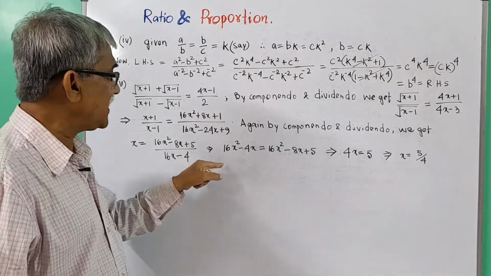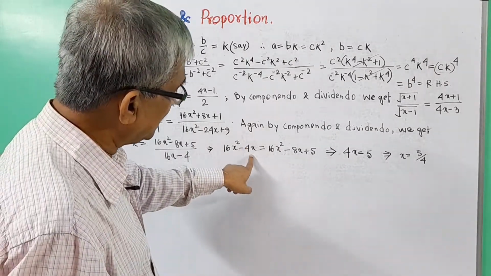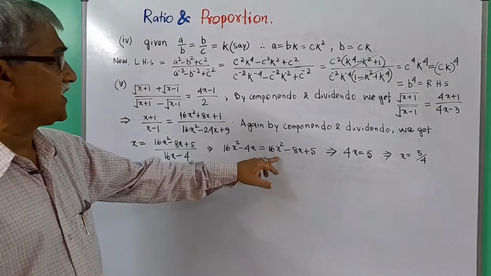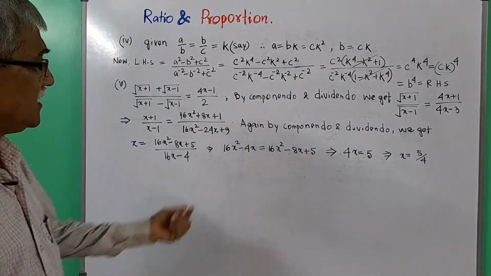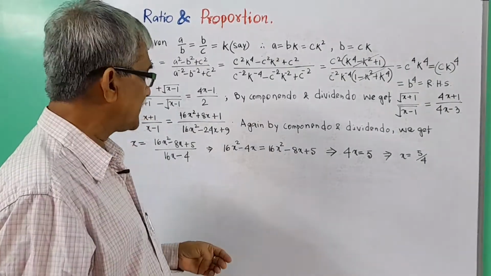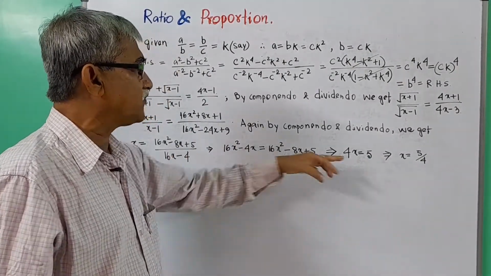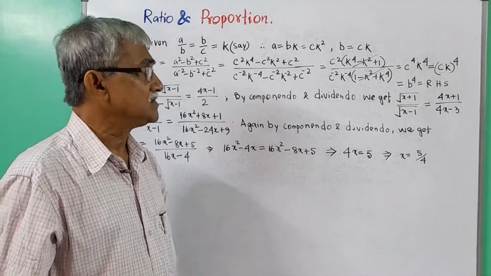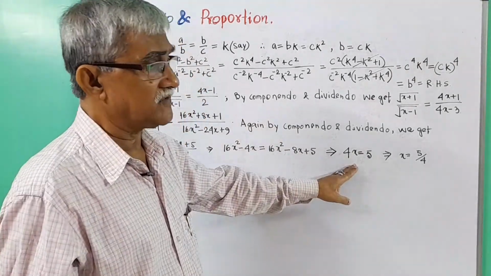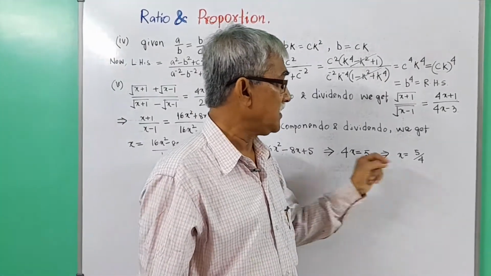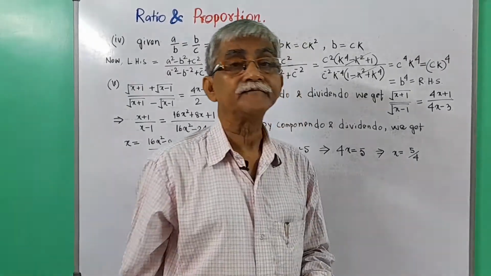Next you cross multiply it. 16x square minus 4x equals 16x square minus 8x plus 5. 16x square cancels out from both sides and you just transpose the minus 8x to the left hand side, 4x, and that equals 5. That is, you get finally 4x is equal to 5 and this way you get x is equal to 5 by 4.